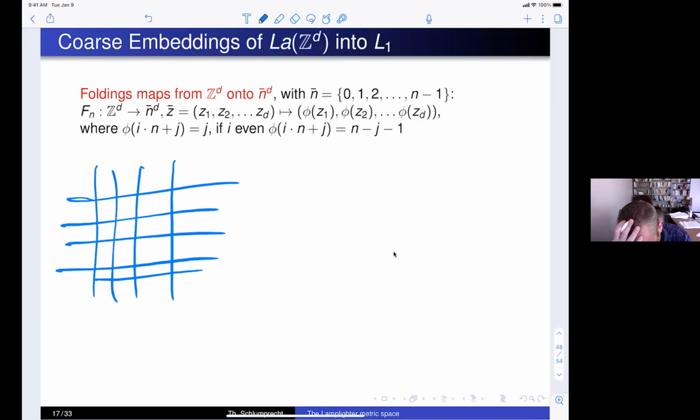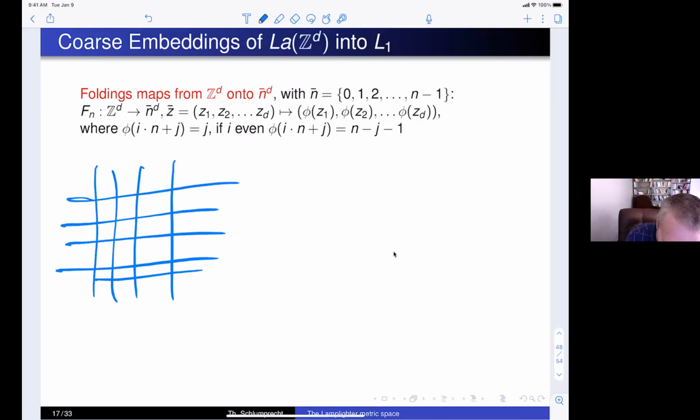And what do we do? We need some mapping from the infinite grid into the finite grid. Of course, the first map that comes to mind is simply taking everything modulo n, mapping Z into Z modulo n by taking the quotient. This is not good because it gives you a bad distortion.